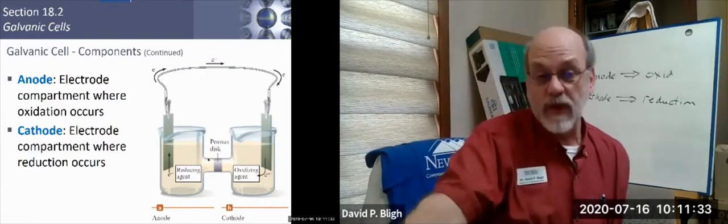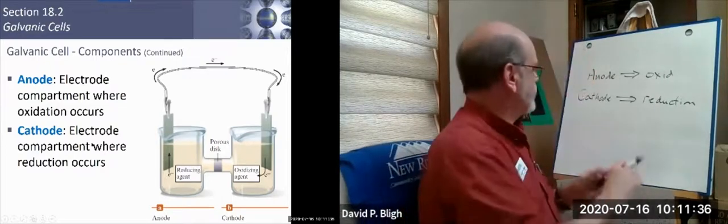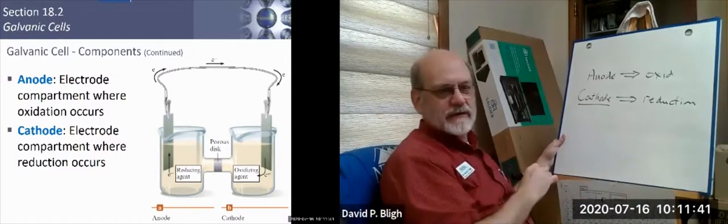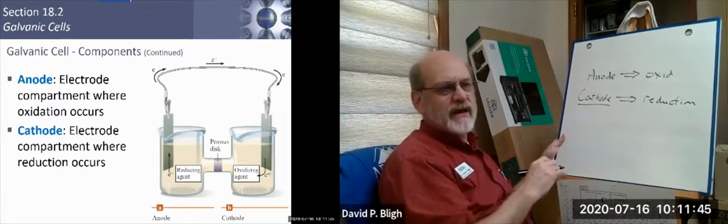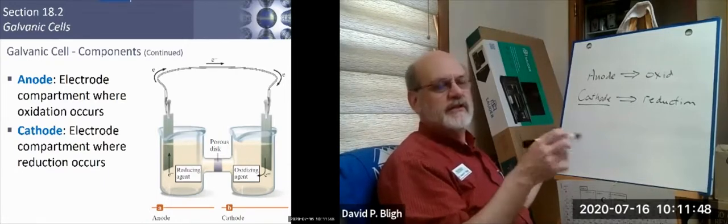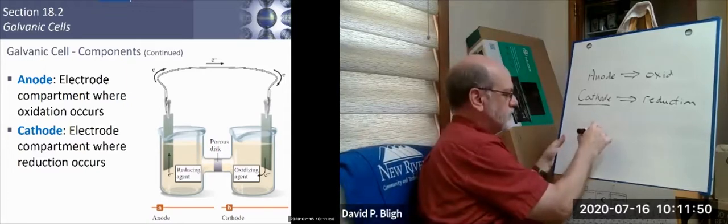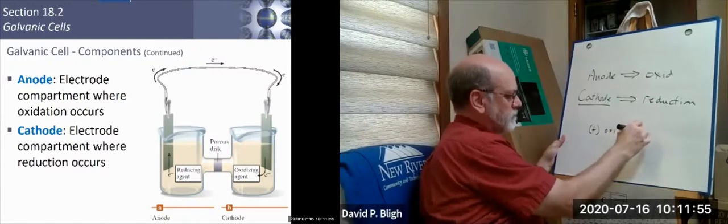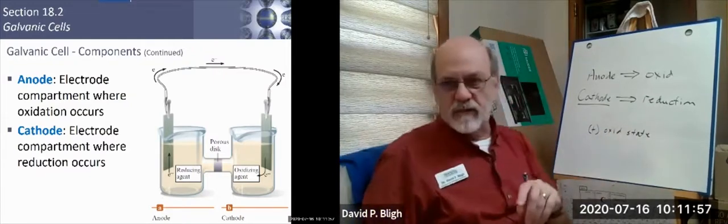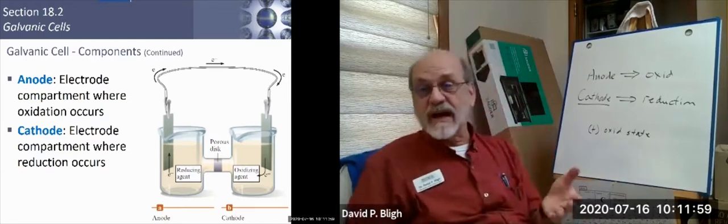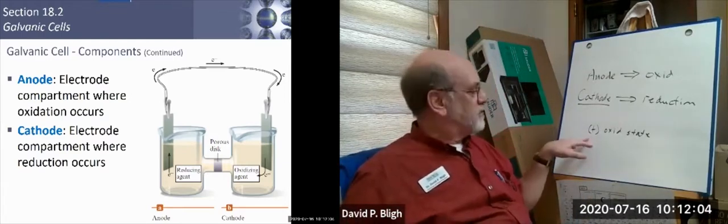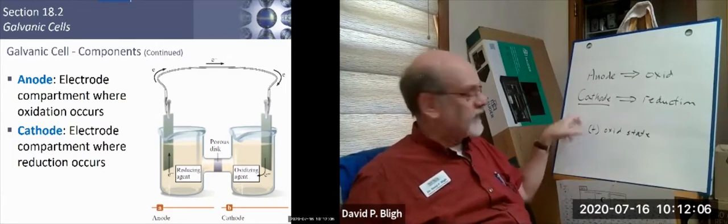You can think of it this way. The cathode here has something with a positive or a more positive oxidation state. Remember what a cation is. A cation is a positive ion. Now that doesn't mean that you have positive ions on this side, but very often you do at the cathode.